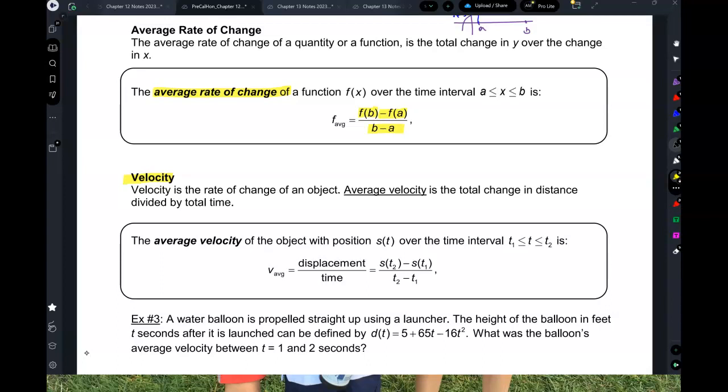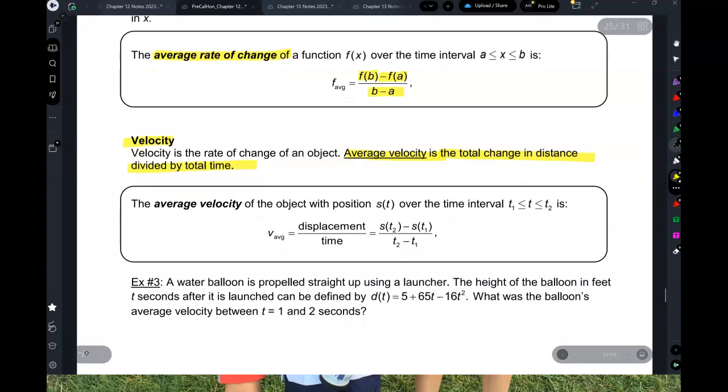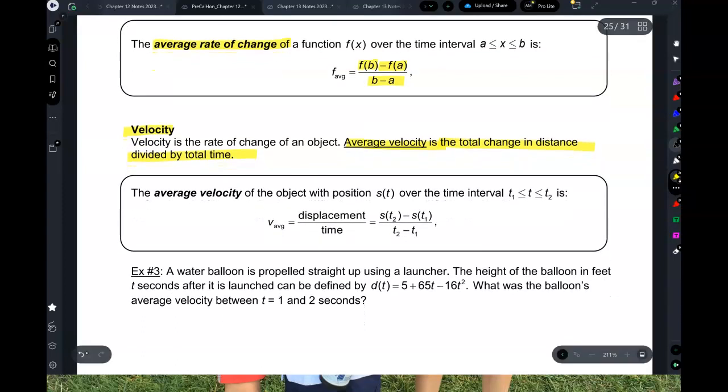So average velocity is the total change in distance divided by the total time it took. What is your total change in distance? That is called your displacement. Displacement is not only how much your position has changed, but also in what direction.